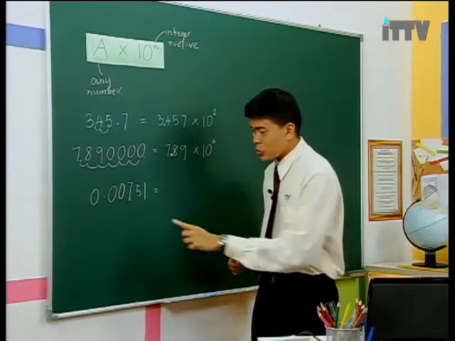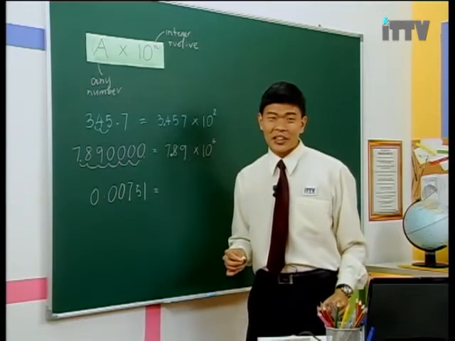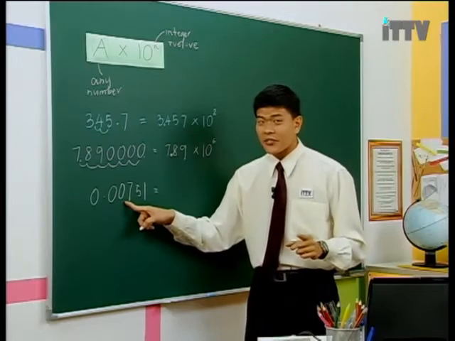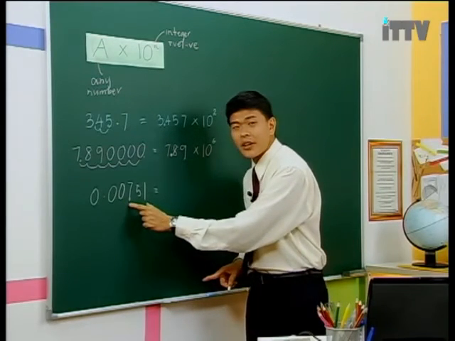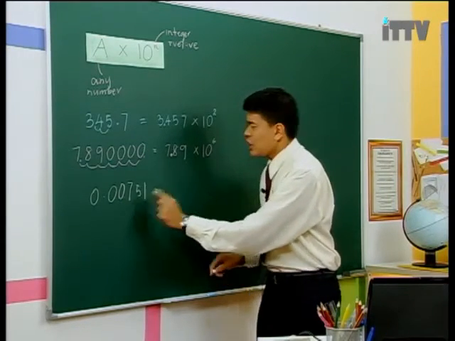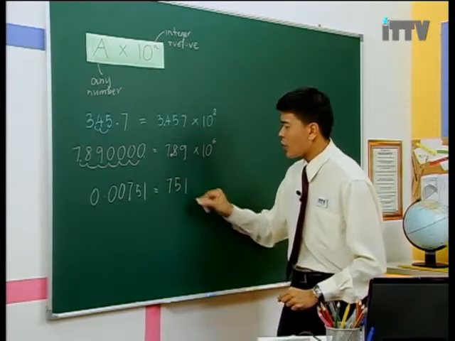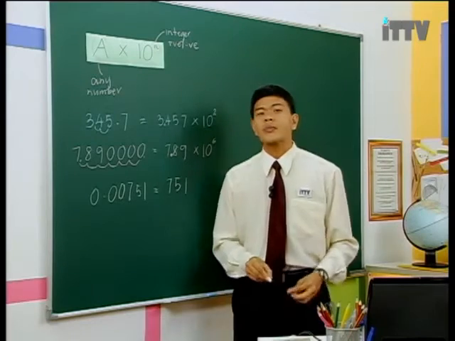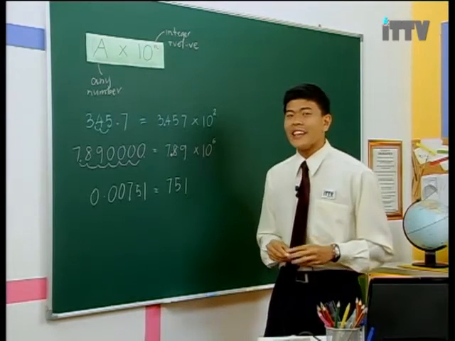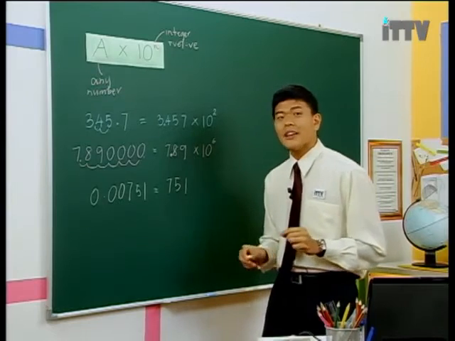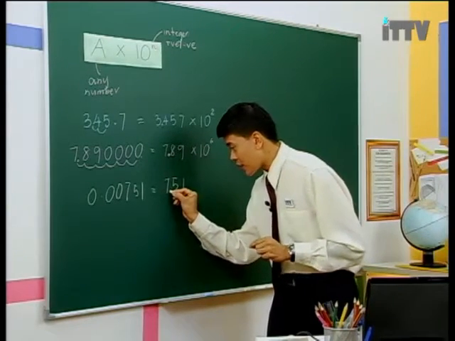So step 2, write all the significant figures of this number. So these 3 zeros are not significant figures. 751 are. So we just have to write 751 first. In step 3, insert a decimal to the right of the first significant figure. Don't forget, it is always here.